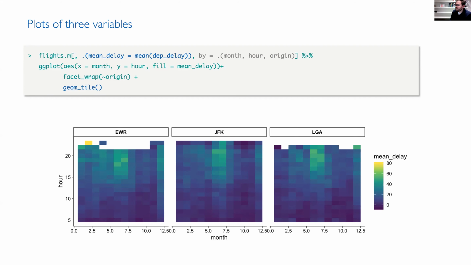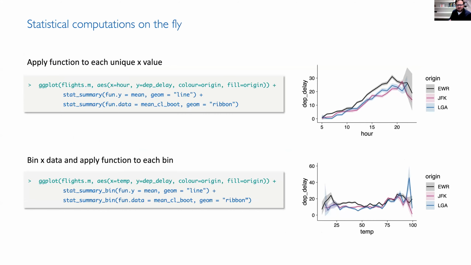Okay, so let's go on. We can also use ggplot to do statistical computations on the fly. This is particularly useful for computing fancy error bars. That's how I use it. So what we can do, for example, here on the top is that we have the hour on the x-axis, the departure delay on the y-axis, and then color and fill as the origin airport.